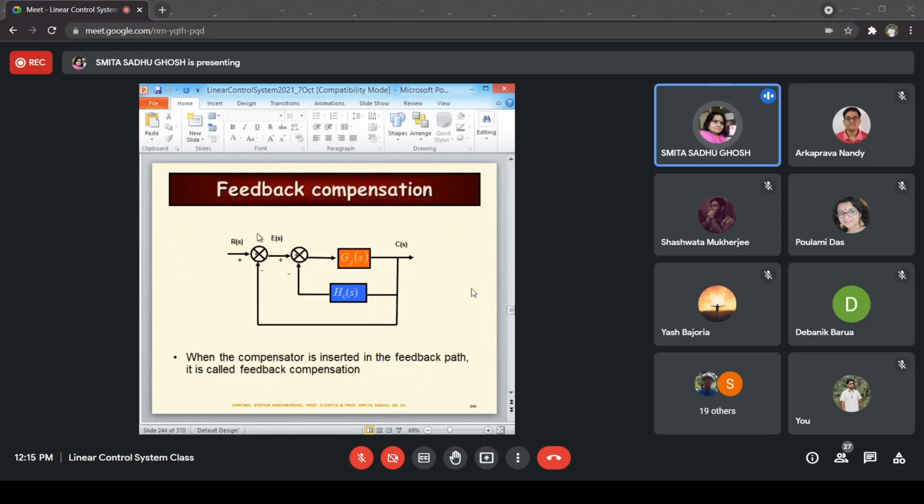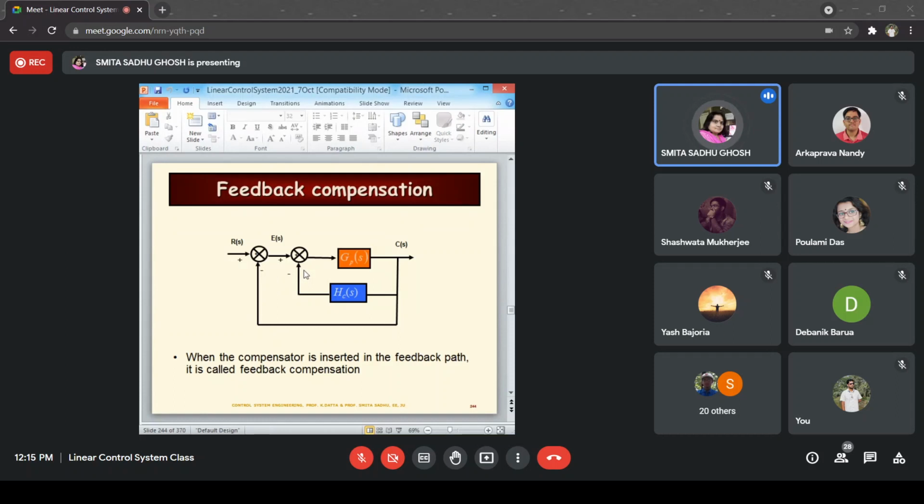Next, another configuration used for compensators is known as feedback compensation. Here, Hc(s) is the compensator block, and it's obviously in the feedback path. The plant block is over here, Gp(s), along with the unity negative feedback, right? And then additionally, you have this compensator, which is a feedback compensator.